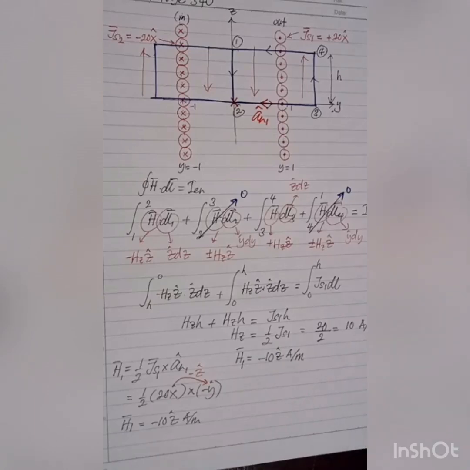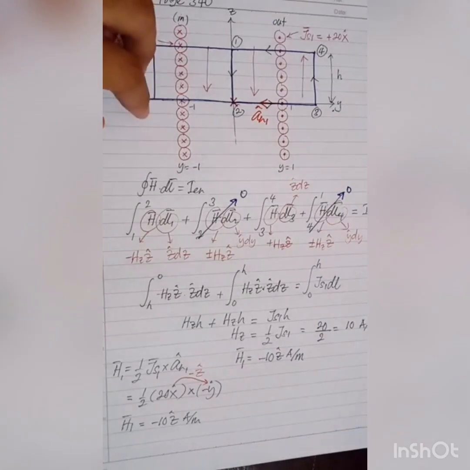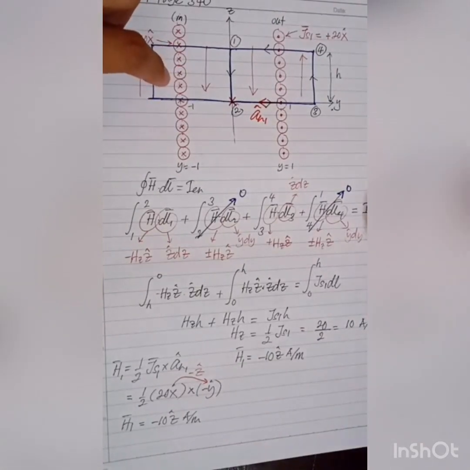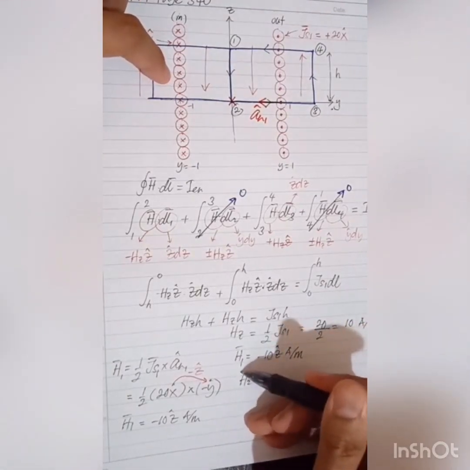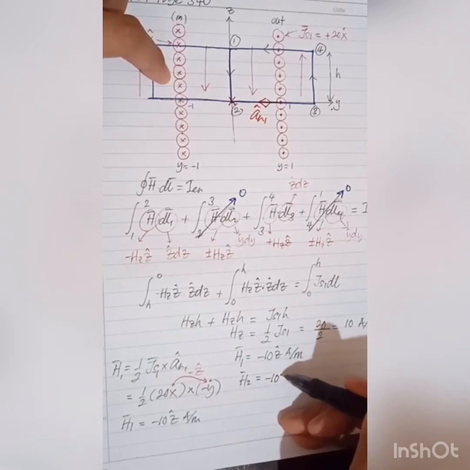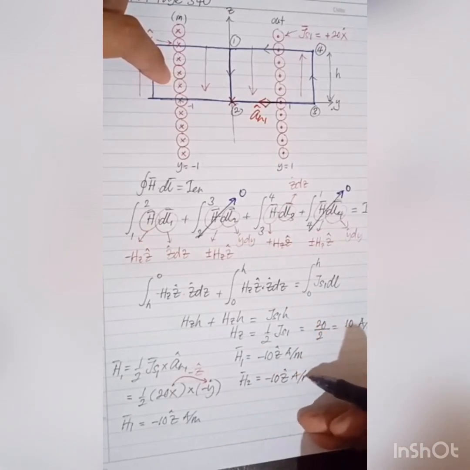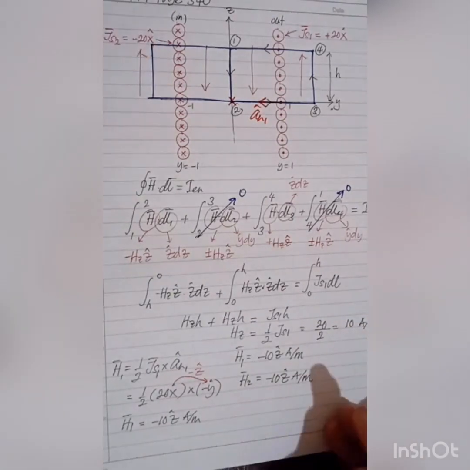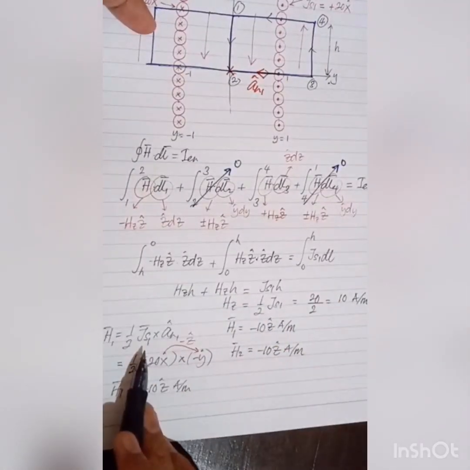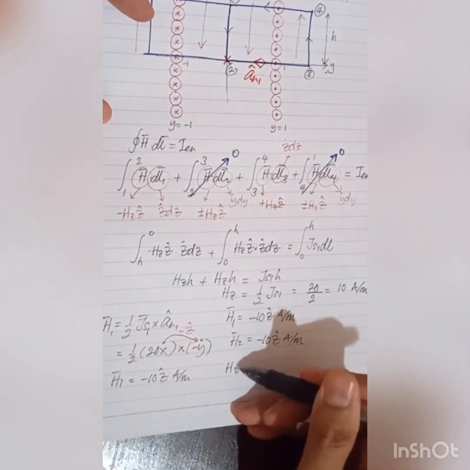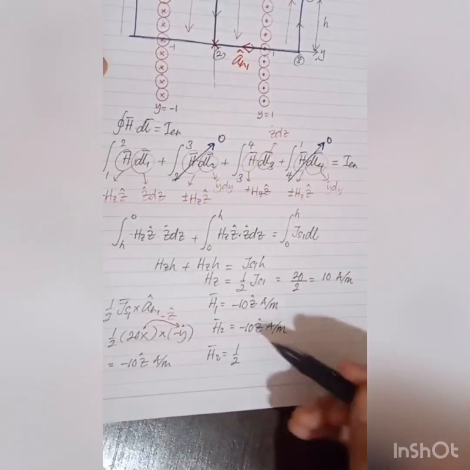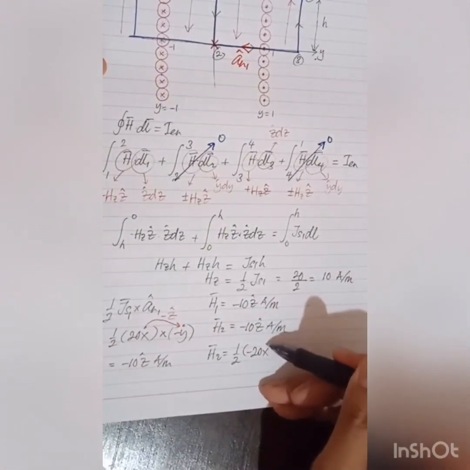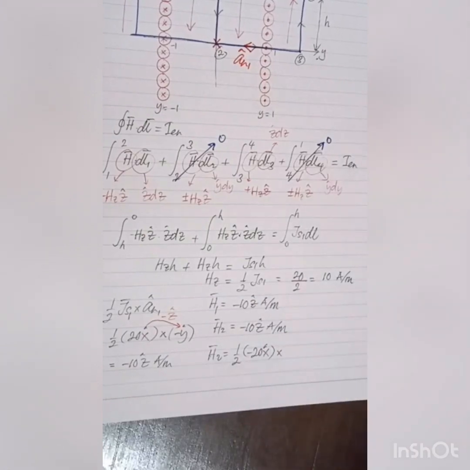Guys, likewise you can also find the H number 2 that is due to the second current over here. If you redo the same process, the same method, you are going to find H number 2 again equal to negative 10 Z ampere per meter. Okay, so let's check our result using this formula. H2 is half, and now the Js here is in the negative x direction, so put negative 20 x direction times an number 2.